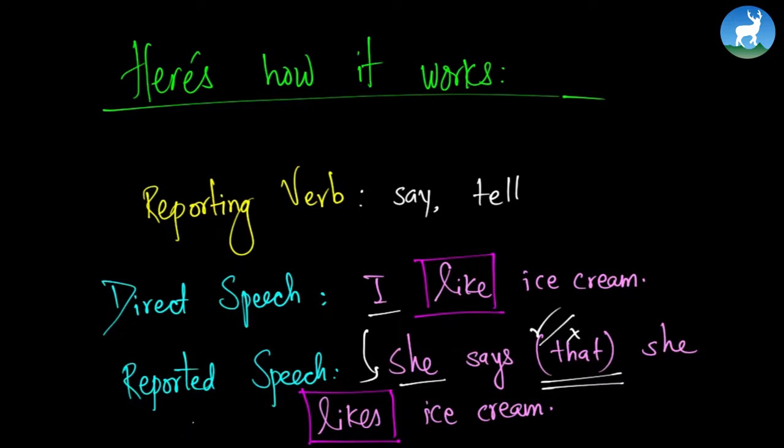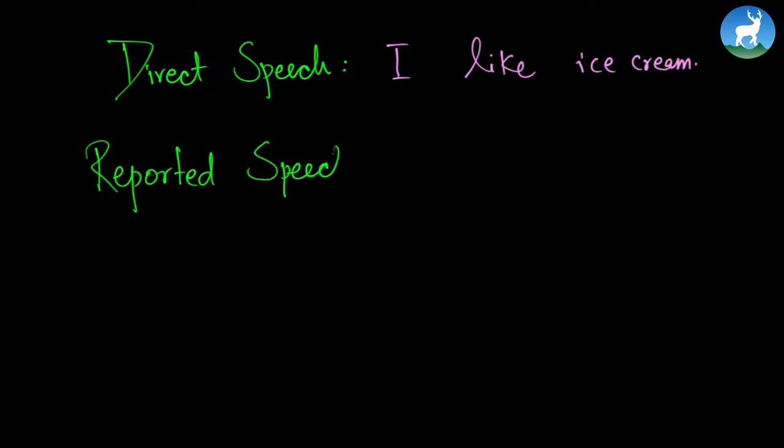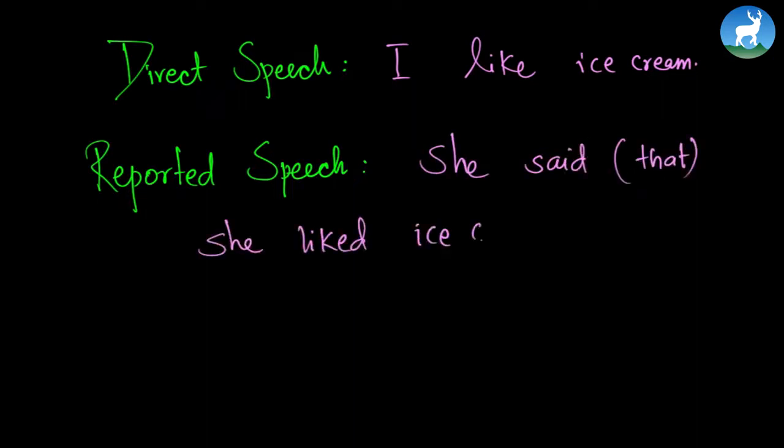But there's one problem. What is the problem? If the reporting verb is in the past tense, this rule won't work. So that's another entirely different rule. Assuming that the reporting verb is in past tense, direct speech would be something like this, similar to that first one. I like ice cream. And what would reported speech be? The reported speech would be, she said that she liked ice cream.